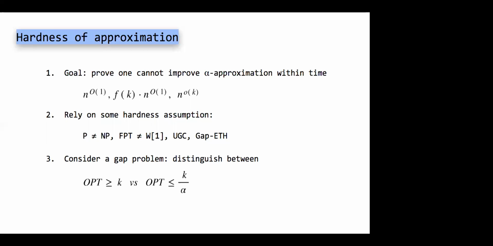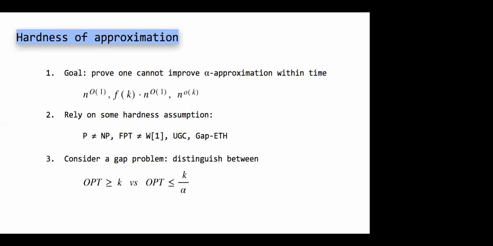And these classes can be polynomial time algorithms, FPT algorithms, or running time of the form n to the o(k). And we need to choose some hardness assumption to rely on. For polynomial time hardness, the straightforward choice is to start from P unequals NP. And for parameterized hardness, to start with FPT unequals W[1].